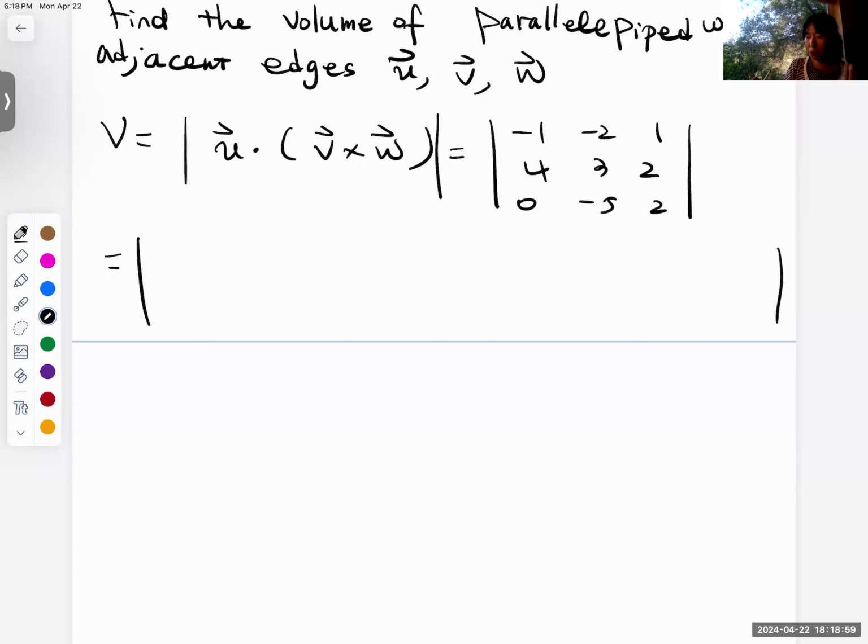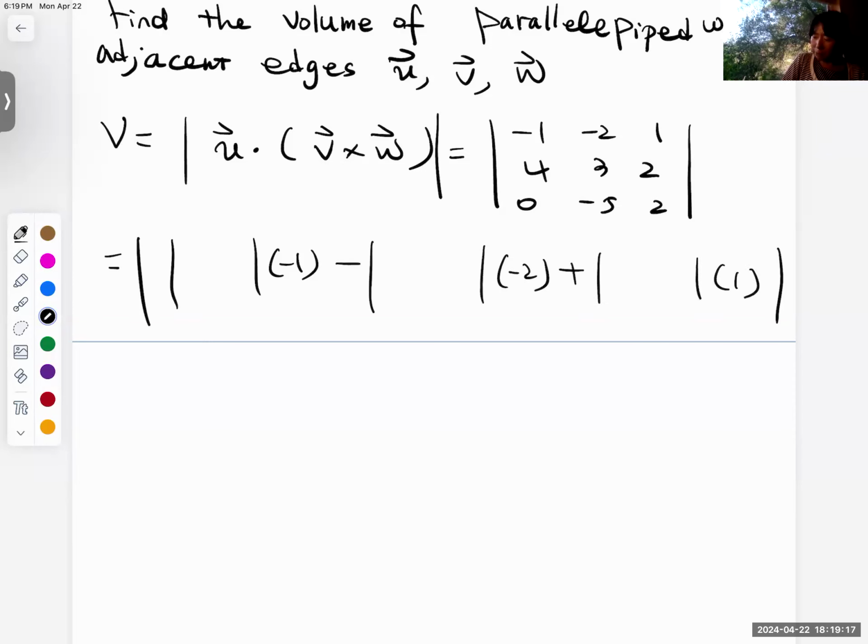And then the first one, -1. So -1 minus -2 plus +1, right? Okay, so -1, so we have 3, 2, -5, 2. -2, we have 4, 2, 0, 2.